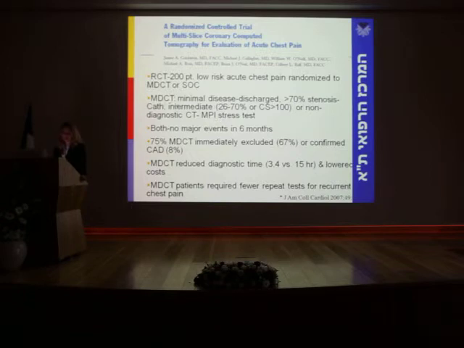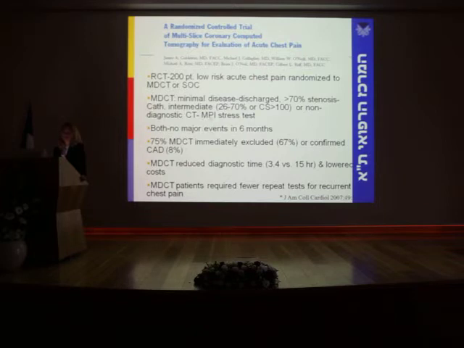Those who had CT with minimal disease or no disease were discharged immediately. Those with more than 70% stenosis were sent for catheterization, and those with intermediate results were sent for stress MPI.